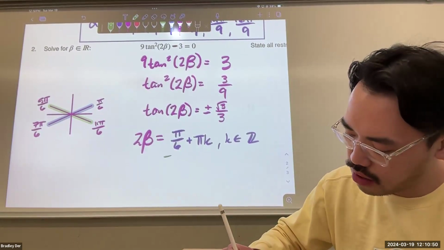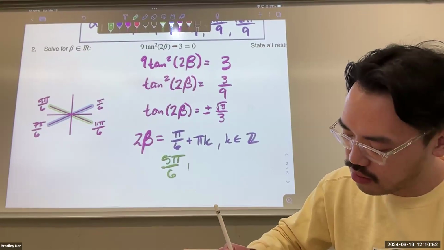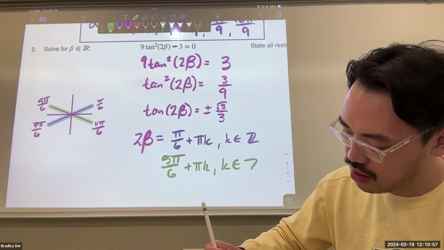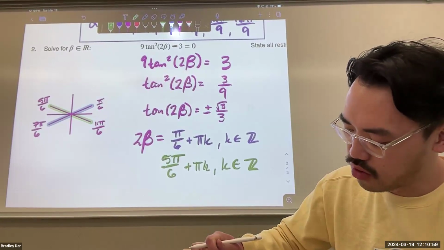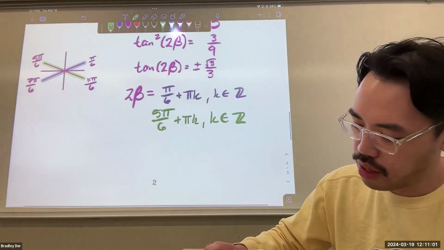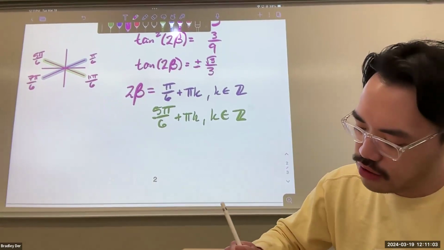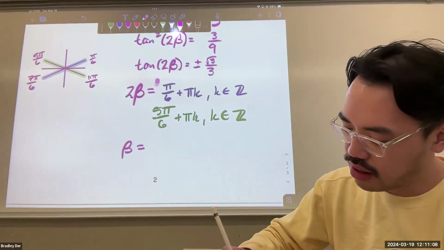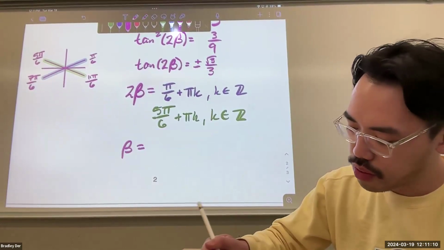And then in the green, I could do 5 pi/6 plus pi k, right? Same common difference, just a new initial term, right? So if I was to do that, then I would just divide by 2 on all components of these sequences, right?